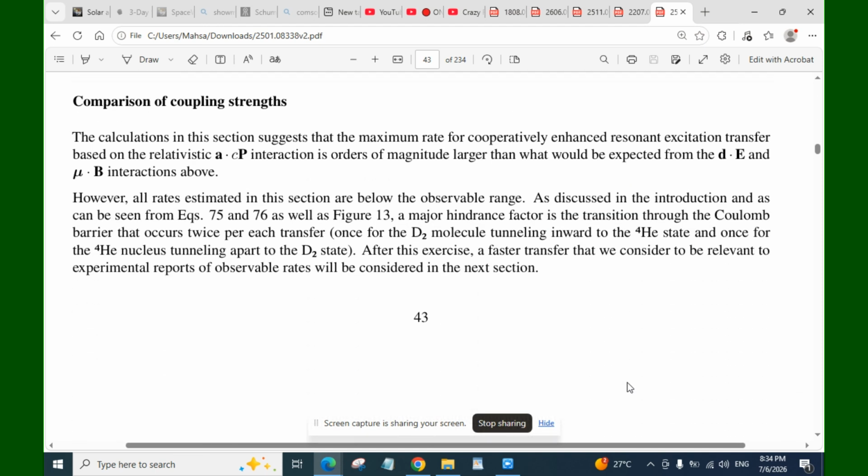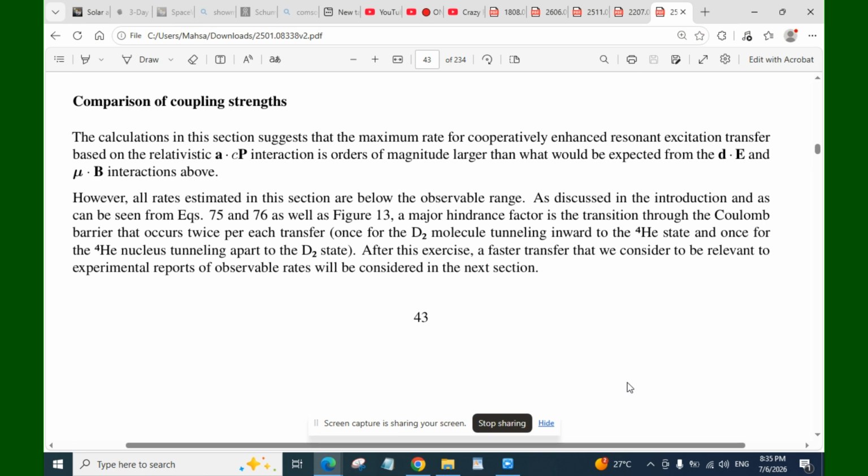Comparison of coupling strength. The calculations in this section suggest that the maximum rate for cooperatively enhanced resonant excitation transfer based on the relativistic coupling is an order of magnitude larger than what would be expected from the d multiplied by E and mu multiplied by B interactions above.